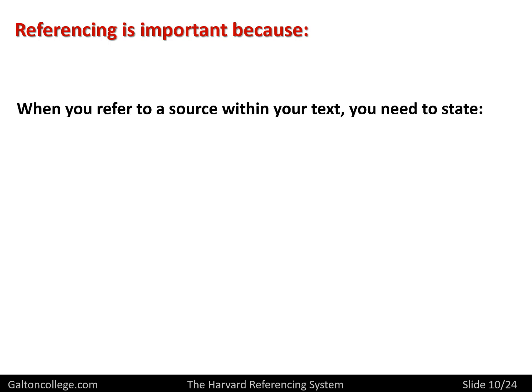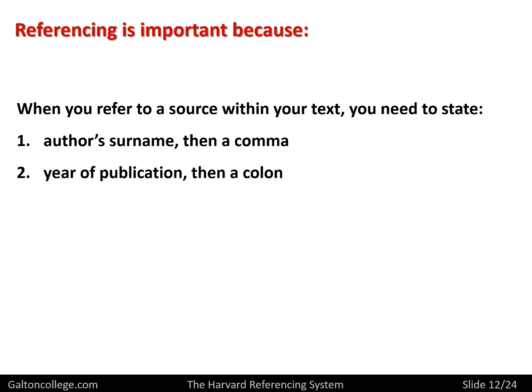When you refer to a source within a text, you need to state the author's surname, then a comma. So this is in the text. When you're writing something, you've used somebody else's idea. At the end of that, you put a bracket, you put the author's surname, and then a comma, and then the year of publication, then a colon.